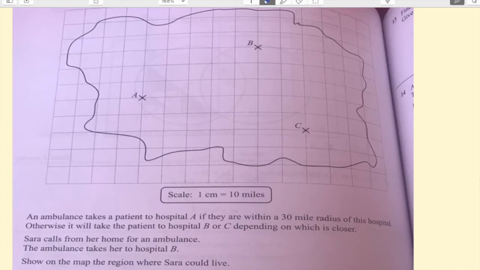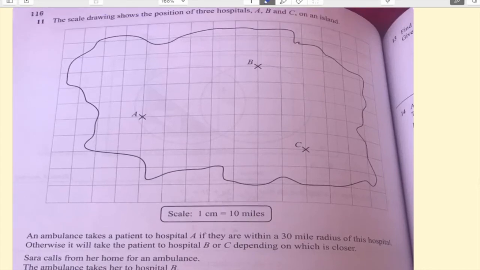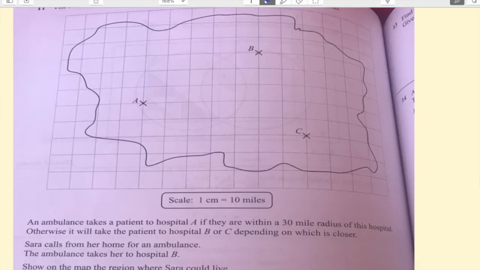The first thing we can do is to draw a circle around A. That's simple enough because we could just set our compass to 3 centimeters and draw that circle, and that makes sense. So it's obviously not going to be within that circle. That's a pretty rough circle, but you get the idea.